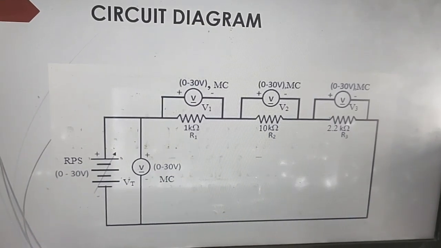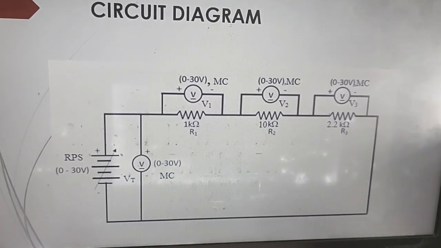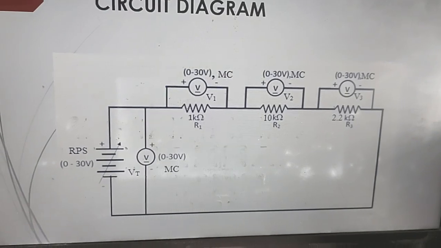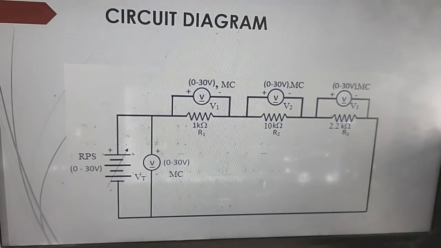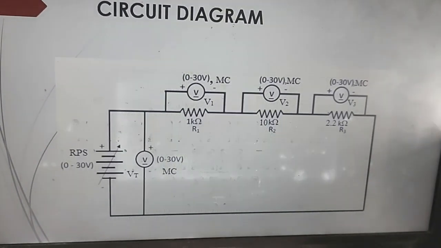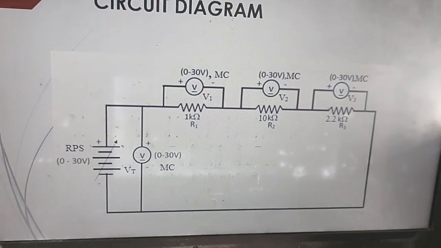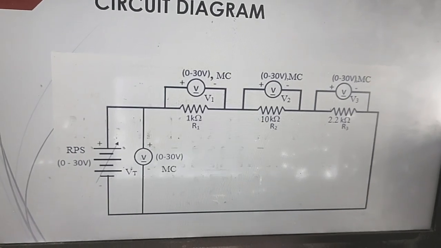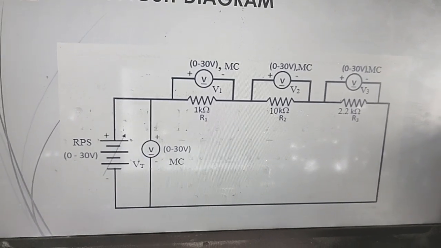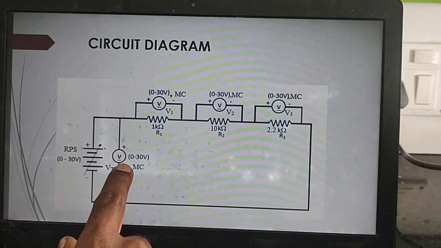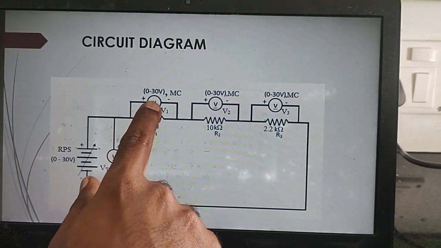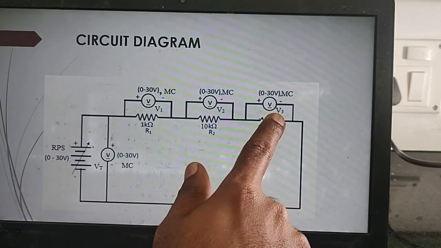So all of you note down here, in this RPS we are going to give the power supply to the circuit. Then the first voltmeter is connected across the RPS to measure the input voltage. So this V is the input voltage, then V1, V2, V3.